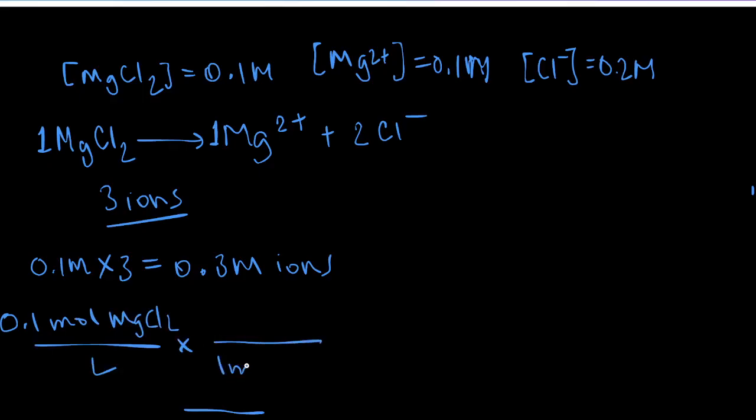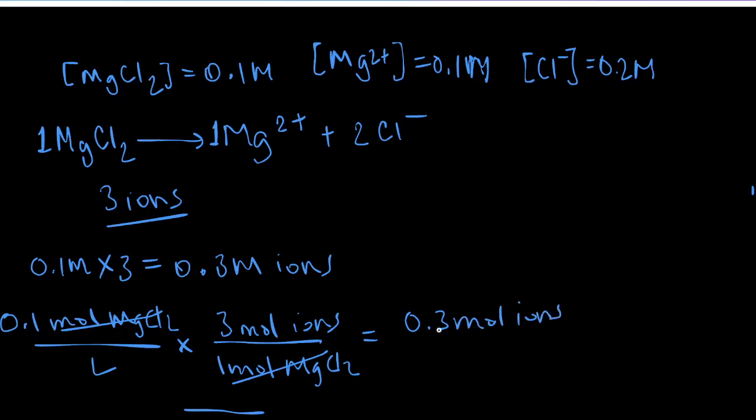For every 1 mole of MgCl2, we actually get a total of 3 moles of ions. So we get our answer of 0.3 moles of ions per liter, and that is exactly what we got here.